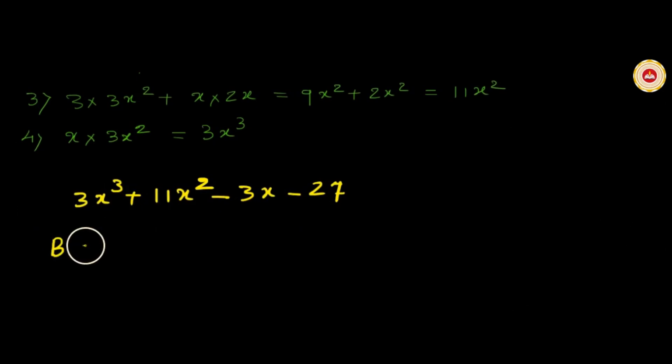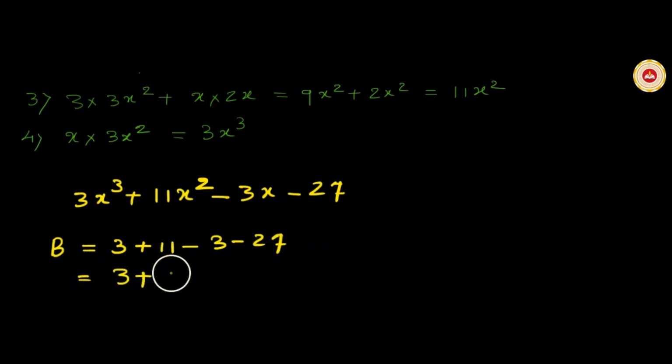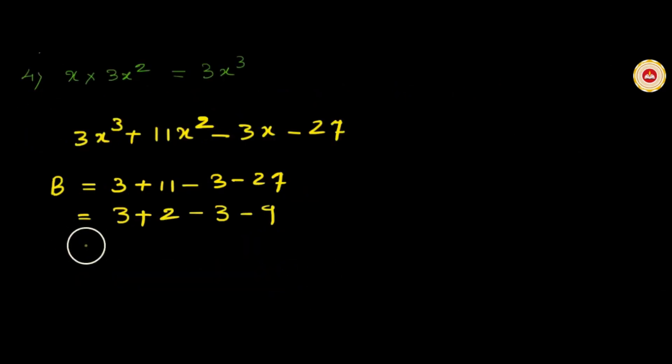Beejank is 3, coefficient of first term from left side, 3 plus 11 minus 3 minus 27, which is equal to 3 plus 1 plus 1, 2, minus 3 minus 2 plus 7, 9, which is equal to 3 minus 3 cancel, 2 minus 9 is minus 7.